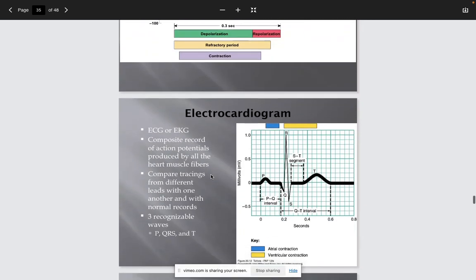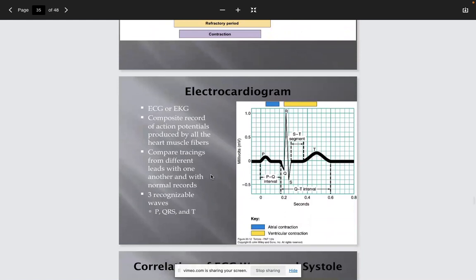Now we'll begin talking about electrocardiograms. As I previously discussed, the conduction system works by going through the SA node into the AV node, through the bundle of His, branching off into the left and right bundles, and then eventually into the Purkinje fibers, being responsible for ventricular contraction.